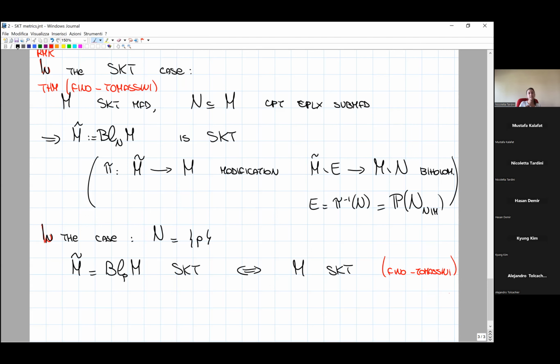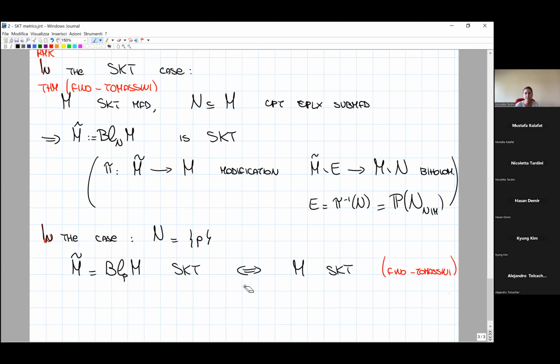But in general, it's not true for modifications. Modifications are a sequence of blow-ups and blow-downs, and the problem is essentially the blow-down. So in general it's not true for modifications, but it's true for blow-ups. And in the case of blow-ups at points, we have both directions.